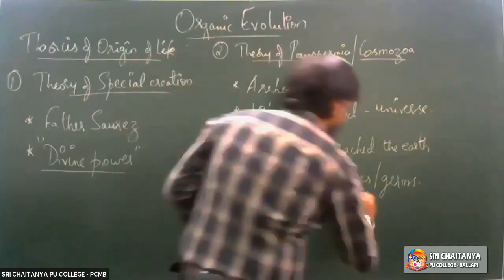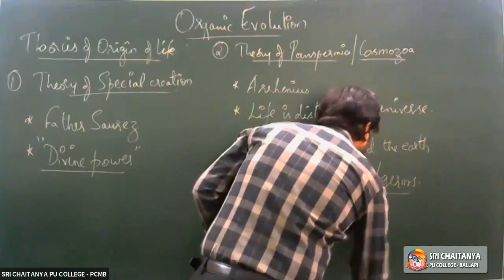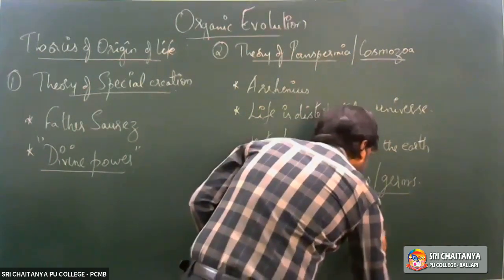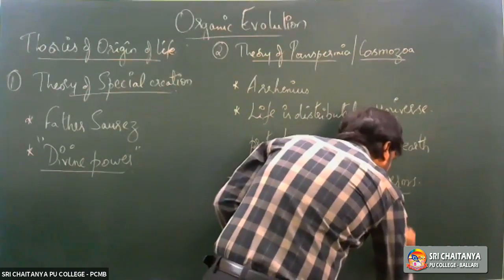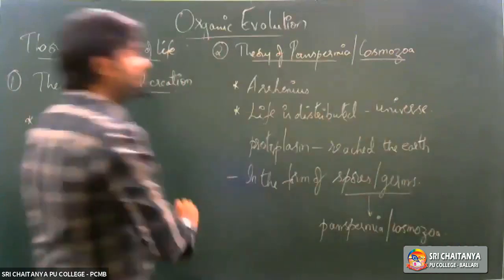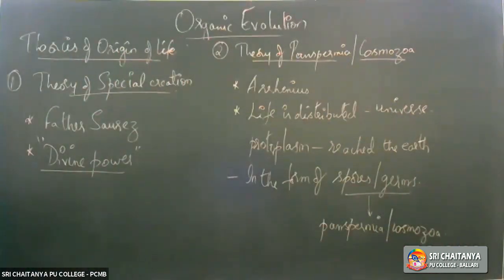Now these spores or germs, he started calling them panspermia, or cosmozoa. So what did Arrhenius say? Arrhenius said that life is distributed throughout the universe.